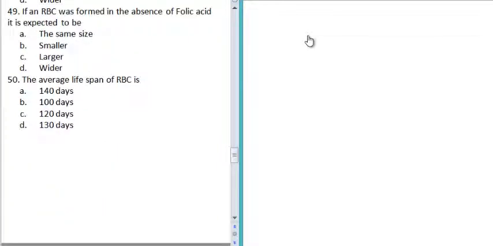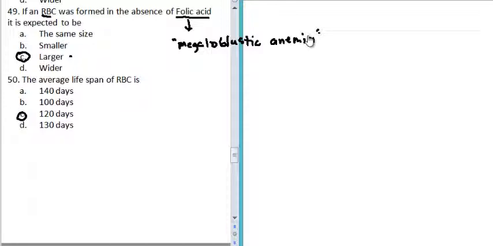If an RBC was formed in the absence of folic acid, the RBC is expected to be, this time, letter C, larger. That's why if you have folic acid deficiency, you develop megaloblastic anemia. C is the answer. And number 50, the average lifespan of RBC, we all know is letter C, 120 days.